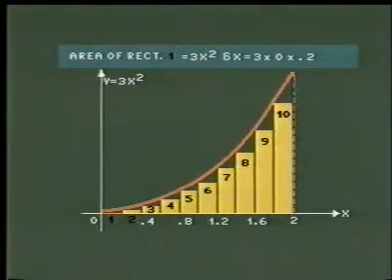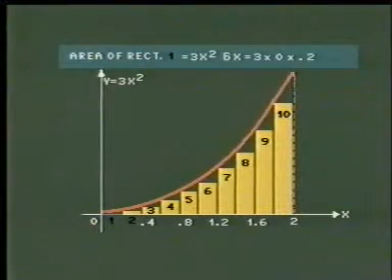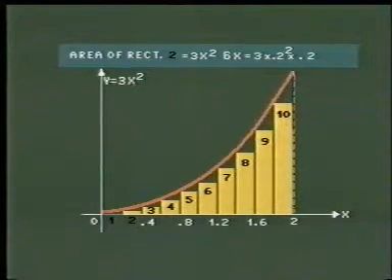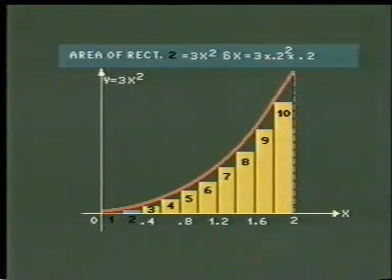Now, area of the first rectangle is equal to 3x square delta x, which is equal to 3 into 0 into 0.2. Similarly, area of the second rectangle is equal to 3 into 0.2 square into 0.2.